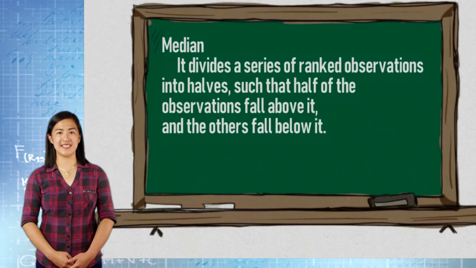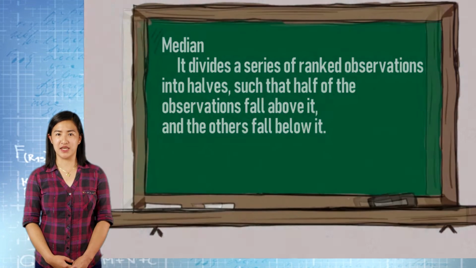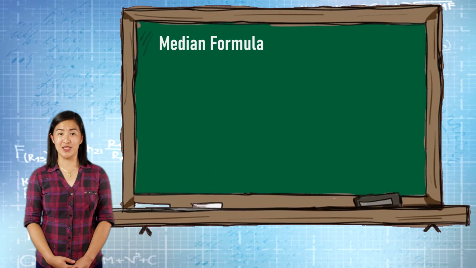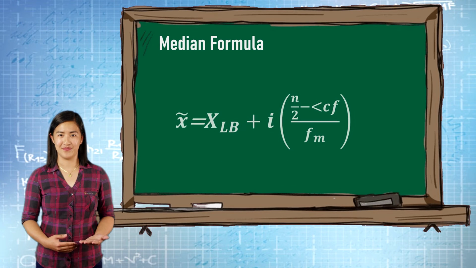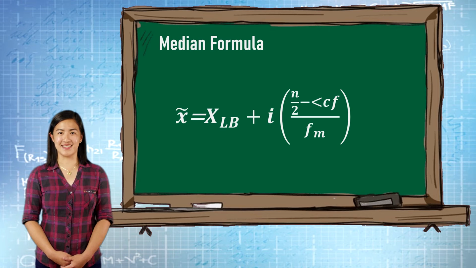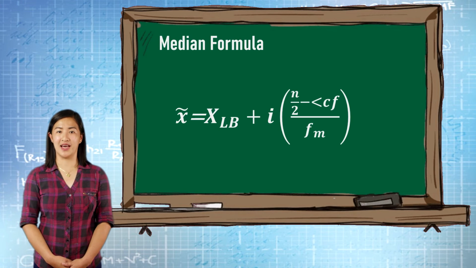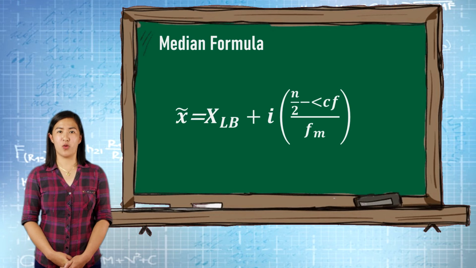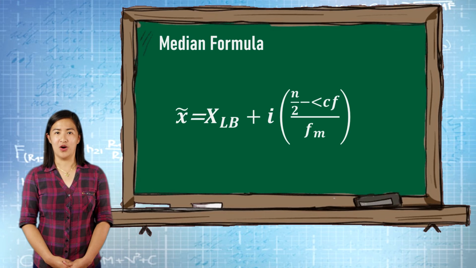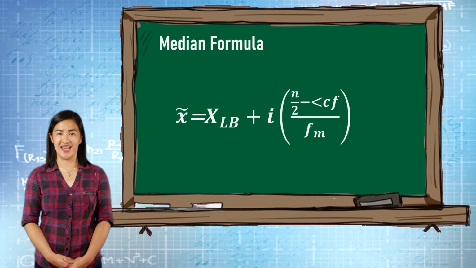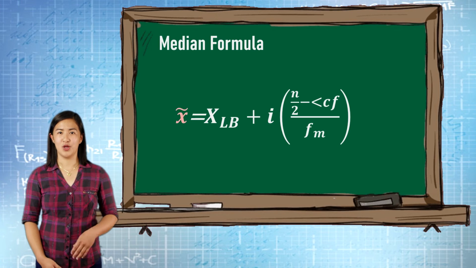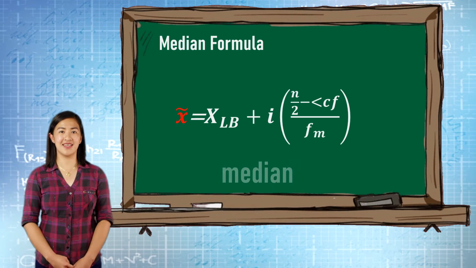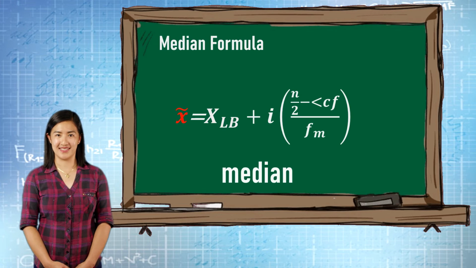One of the simplest methods of finding the median of group data is by using the formula. Median is equal to x sub LB plus i times the quantity n over 2 minus less than CF all over f sub m, where x tilde is the median.